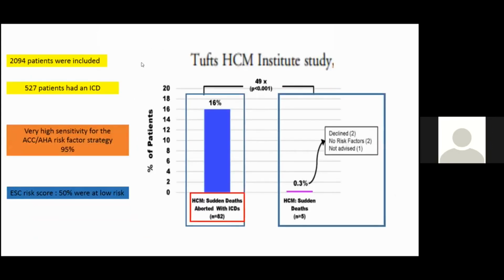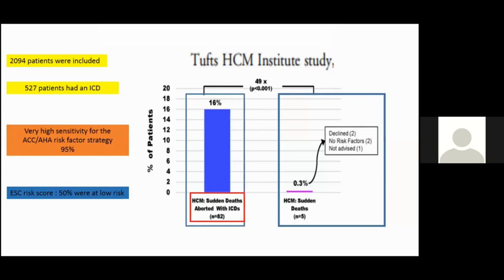So in this study, I'll just go over it quickly. It's a very important study because it allows us to pick one over another. The Tufts HCM Institute study: what did they do in order to answer this question? They wanted to know which risk score is more reliable.